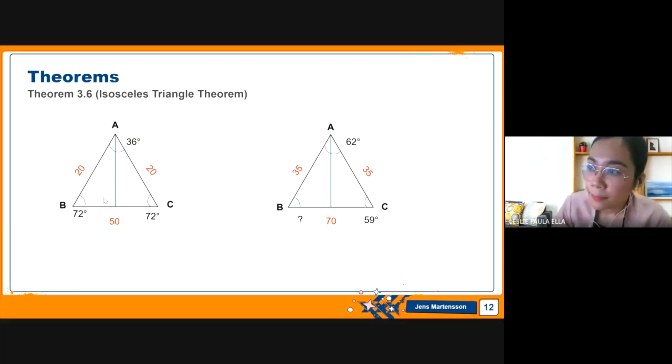So, and when we added this line, okay, this line serves as an auxiliary figure because we're trying to prove if these two sides will be congruent to each other.